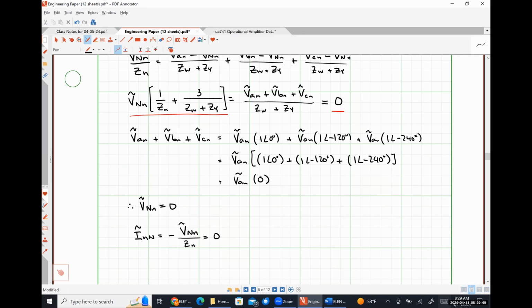But even if it isn't there, we can actually treat it like it's a short circuit because we know the potential difference between those two nodes is always going to be 0, regardless of whatever impedance it has. That is going to be a key part of our analysis of these systems to make things easier. Even if it isn't physically there, it seems like it's a short circuit. We'll come back to that in a couple of moments.